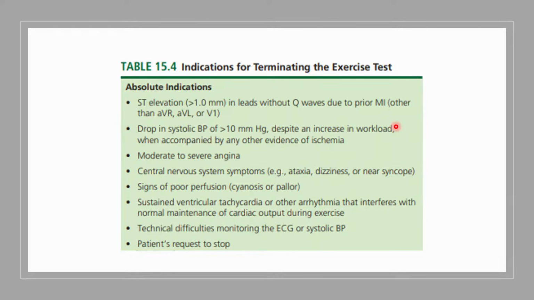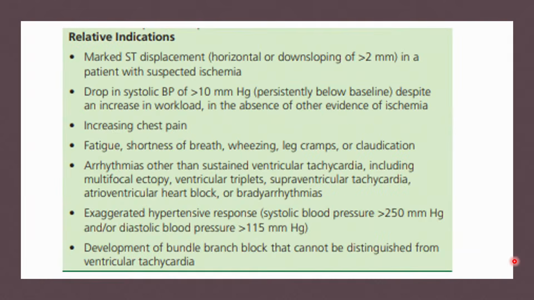Mind you, you need to look at these parameters carefully, because this is sustained ventricular tachycardia. If the patient has non-sustained ventricular tachycardia, you can still continue the test, or if he has any VPCs, you can still continue the test. If you have technical difficulties, like you cannot measure the ECG or BP, of course, if you can't measure the main parameters, then you have to stop the test.